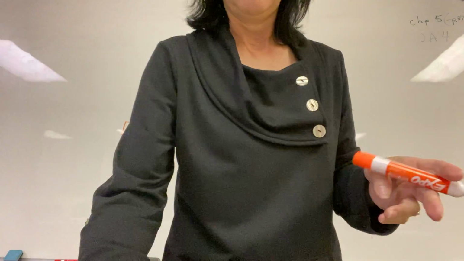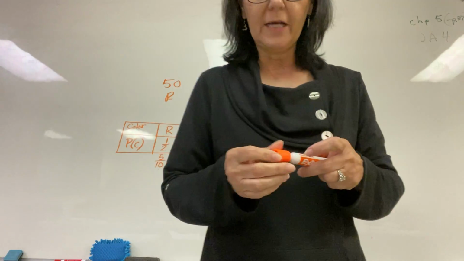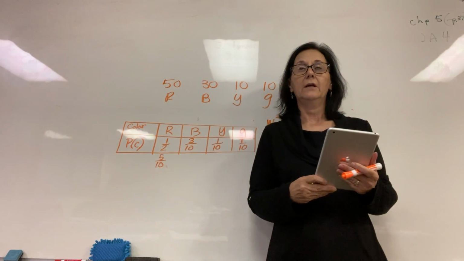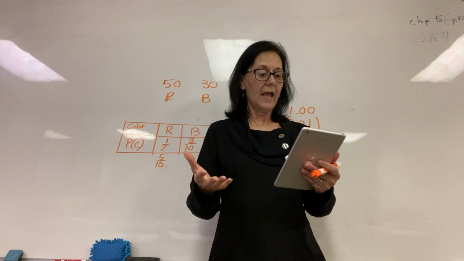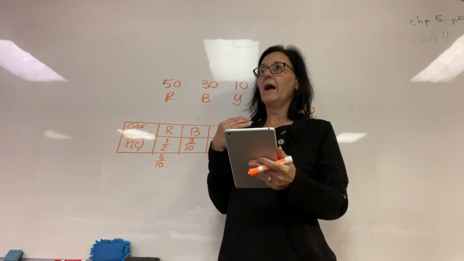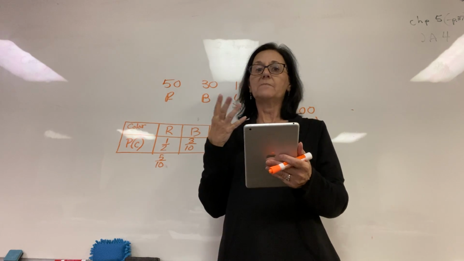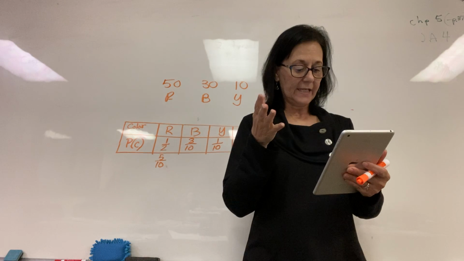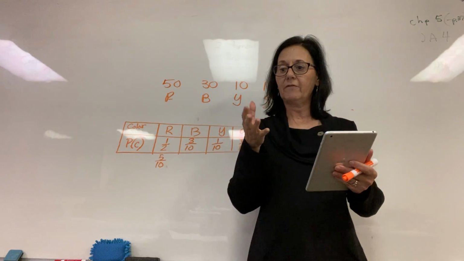Okay, that's all it does. So we're going to assign a value to each outcome, and then we're going to find out what the expected value is. It's sort of like the mean.